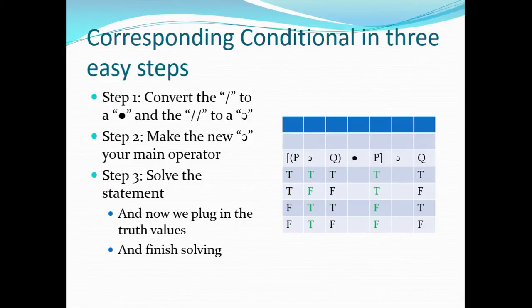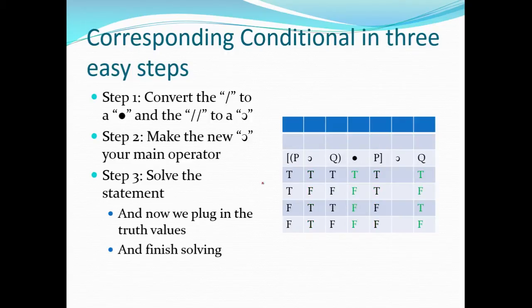Then we move to the next one, the dot operator, which is going to evaluate the horseshoe with the P. True true is true, false true is false, true false is false, and true false is false. So there's that plugged in.